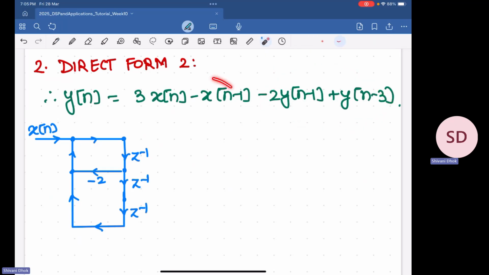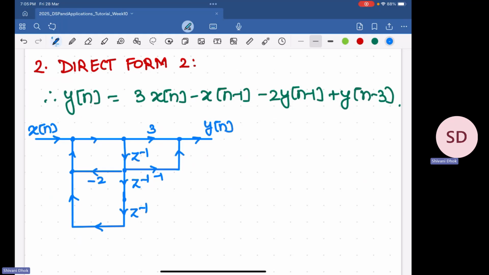Next thing that we need to do is construct these things. So we have a scaling by 3, that will give me 3 times x of n here, and then we have a delay of 1 unit, and then we get it scaled by -1, and this gets added like this, and this is the y of n that we get.